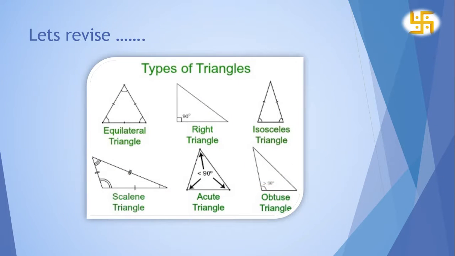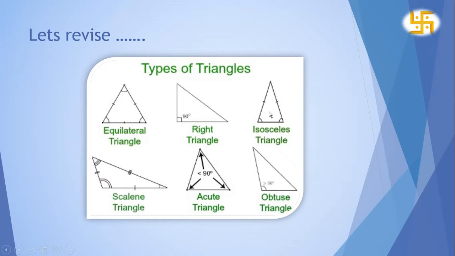Let's take a quick revision. Here, all three sides are equal. See here, first side, second side, third side. The lengths of the three sides are equal, so it is an equilateral triangle. Here, one angle is equal to 90 degrees, so it is a right angle triangle.